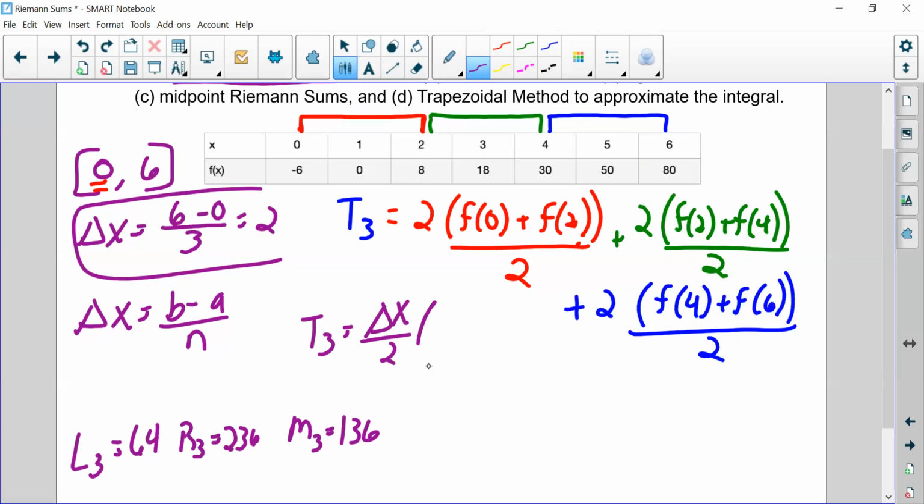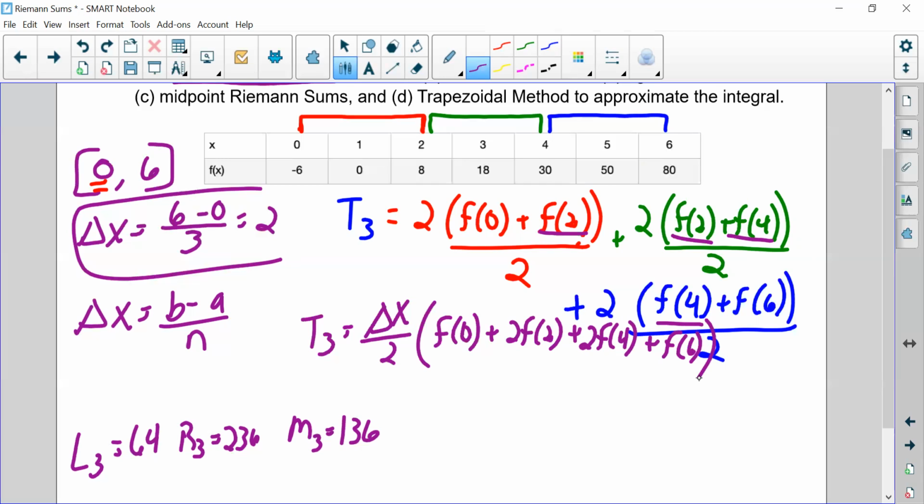Now I'm going to multiply that by, because I can take the multiply by 2 and dividing by 2 out from each of these fractions. What does that leave us with? Well, that leaves us with f of 0 plus, there's an f of 2 and another f of 2, so that's 2 f of 2. Plus there's an f of 4 and another f of 4, so I can combine that as 2 f of 4, plus f of 6.